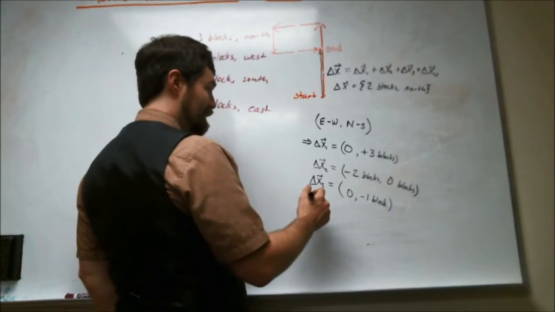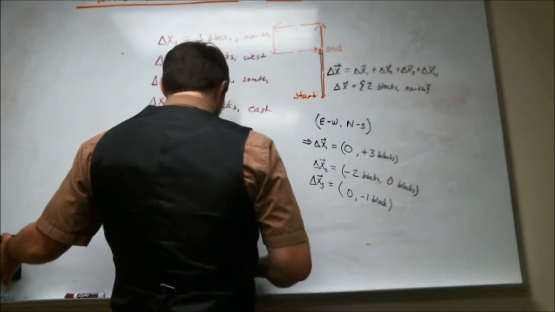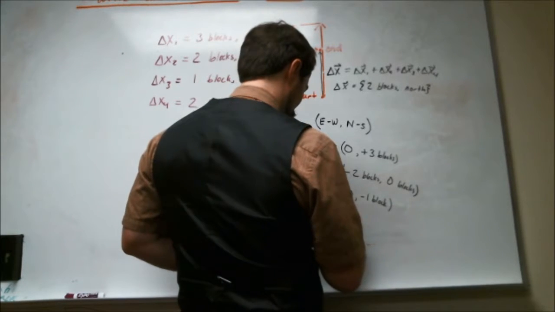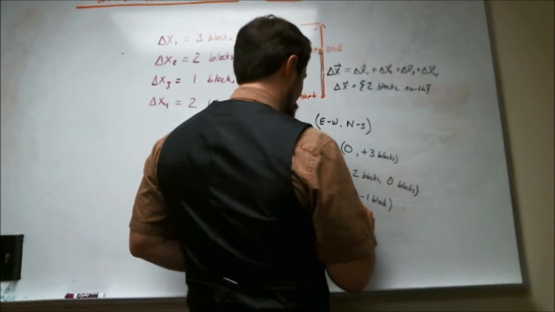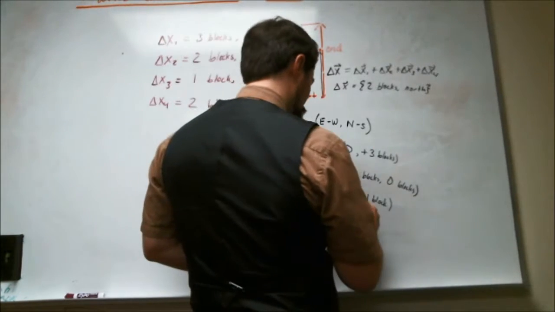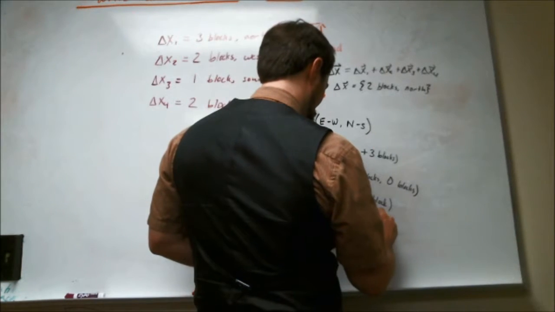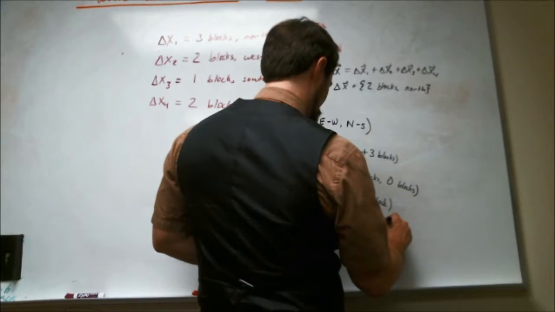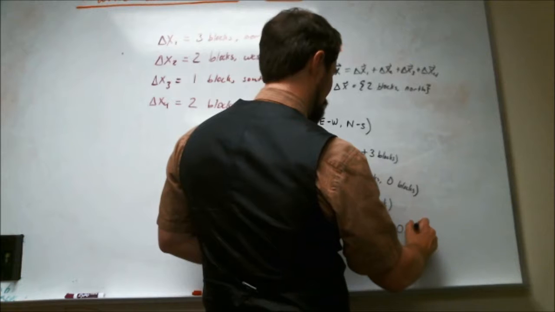And then last but not least, there's delta x4, which is now positive 2 blocks, comma, 0 blocks.